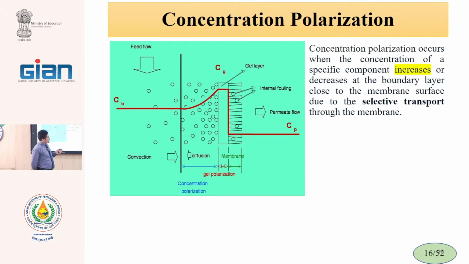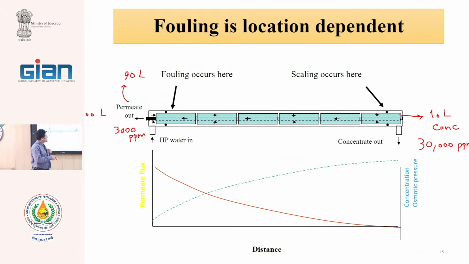The concentration on the surface is 25 times more than the bulk, and this means, as in the previous slide, where we said that the concentration of the feed is 3,000 ppm, this concentration is in the bulk.